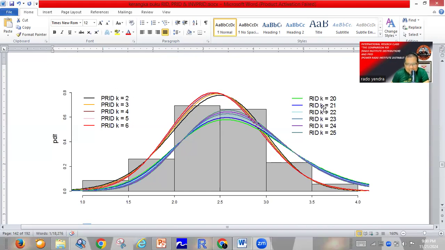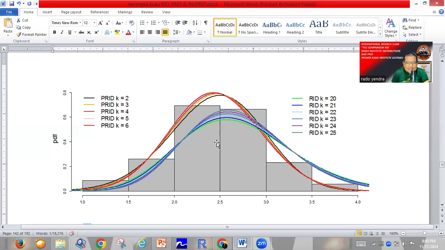The PRID density plots, starting from K equal to 2 until K equal to 6, follow the histogram of the data very closely. It captures the histogram very nicely, unlike the RID, Rado Institute Distribution, with K from 20 until 25.